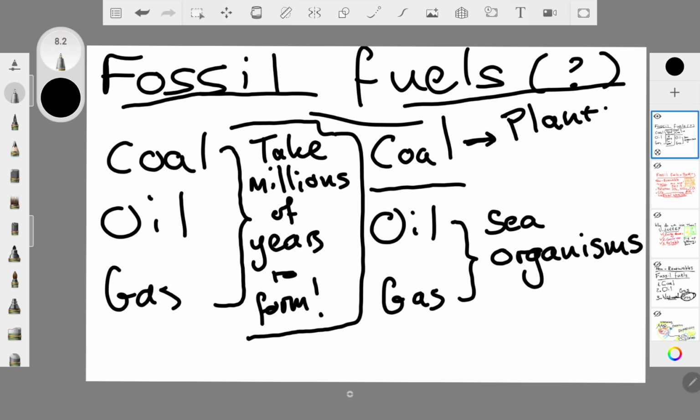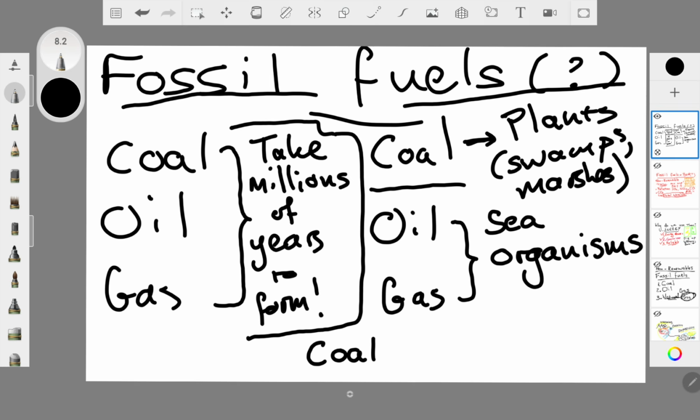Plants that would have grown in swamps or marshes where they were very quickly covered by sediment when they died. This is why you will not find coal or oil in the same place. Because one grows on land, the other is from the ocean. Okay? So you won't find them together because they grow in different environments.